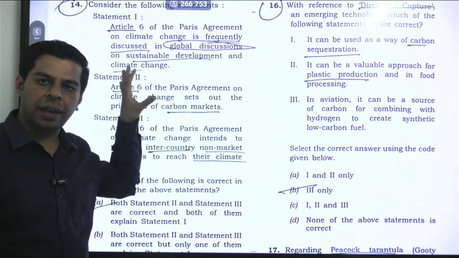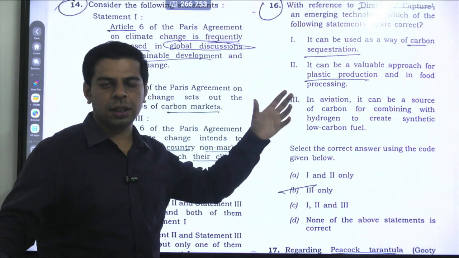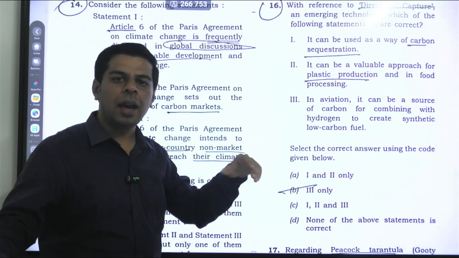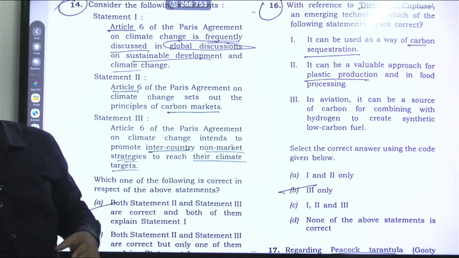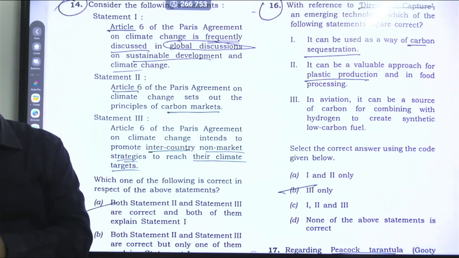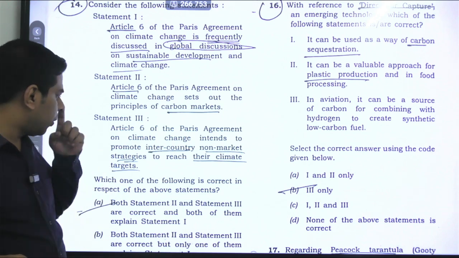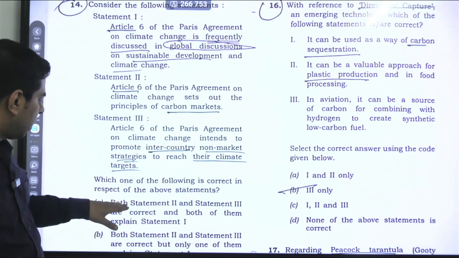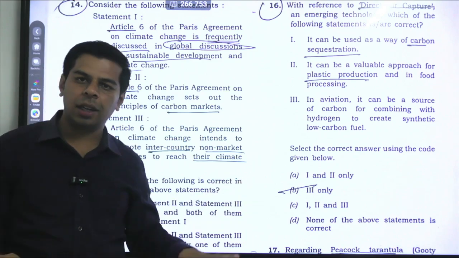Countries want clarity on how carbon markets should operate. Their significance, since it's linked to the economic imperative, has been the major reason for discussion. So in this case, once again, both statements are correct, and both of them can be linked to the statement.